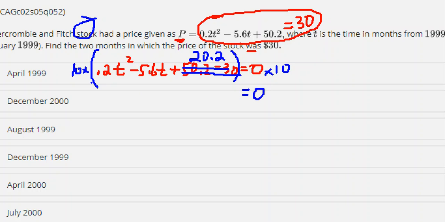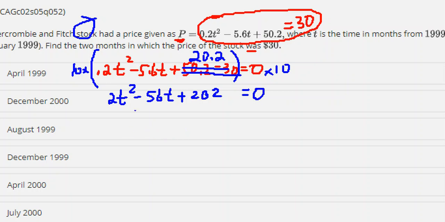The left hand side distributes 10 to each term, so you get 2t squared minus 56t plus 202. At this point you probably recognize it's not easy to factor this equation. So you could use the quadratic formula immediately.